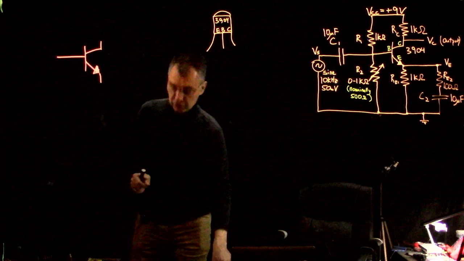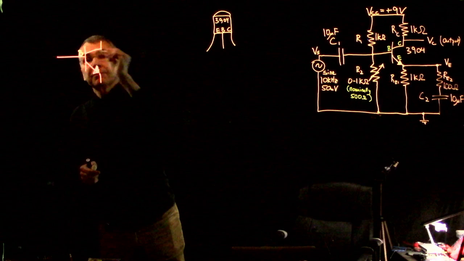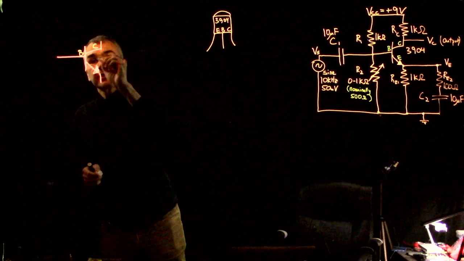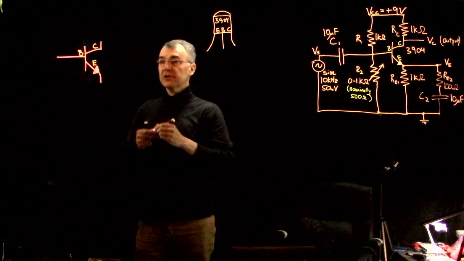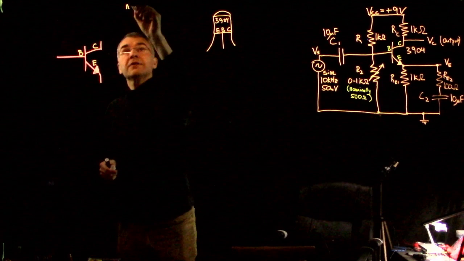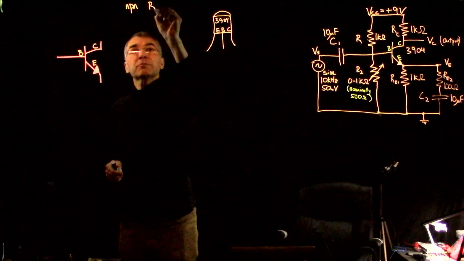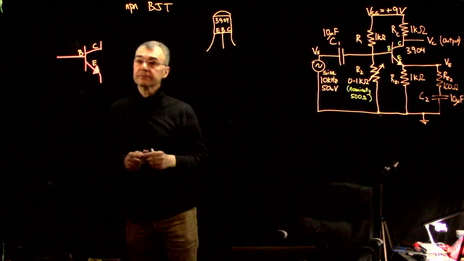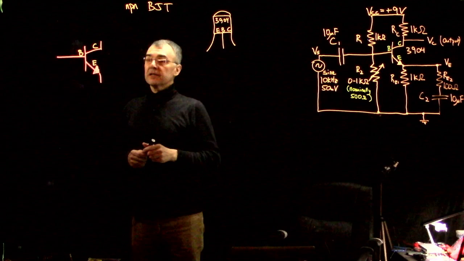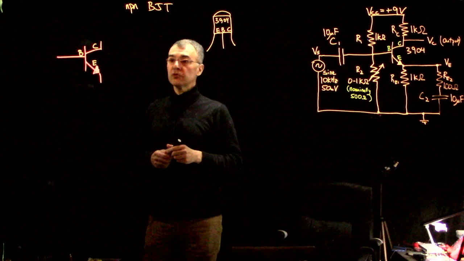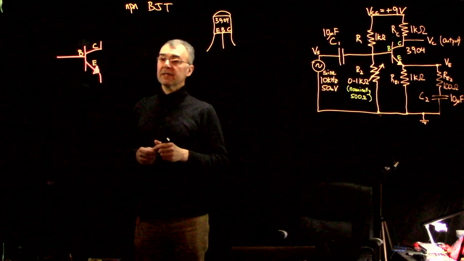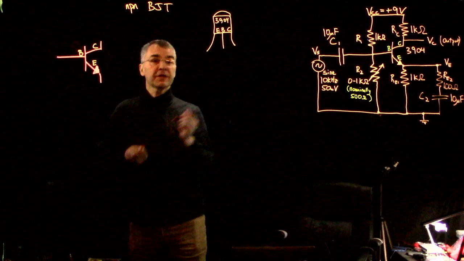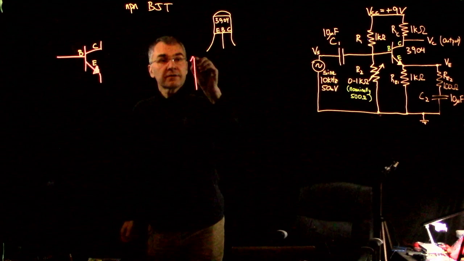So here's our base and our collector and our emitter for an NPN bipolar junction transistor. And let's suppose that we have an input signal at the base.